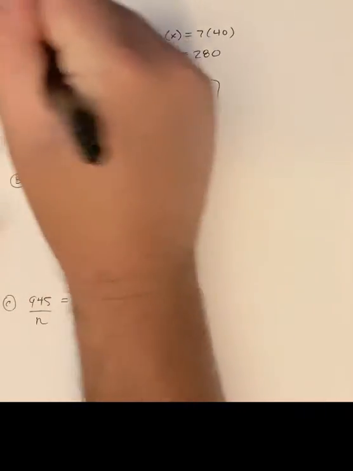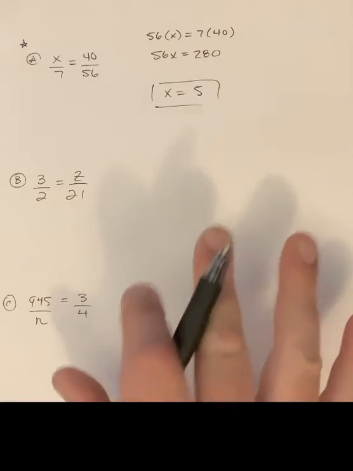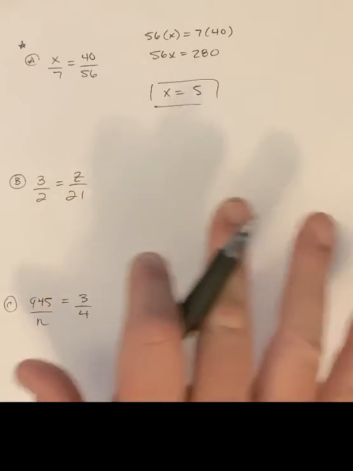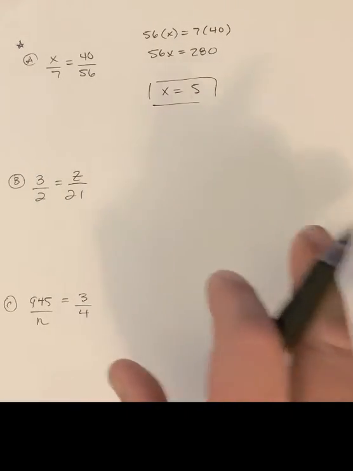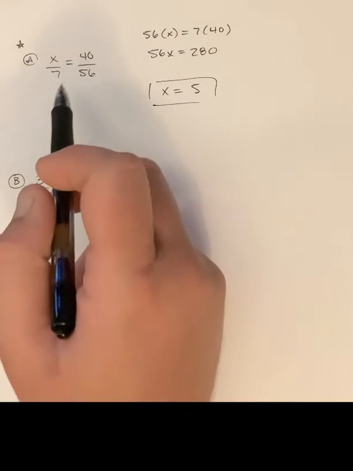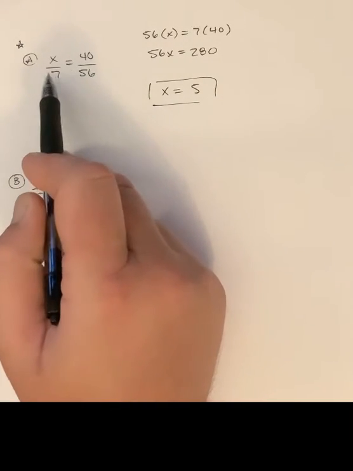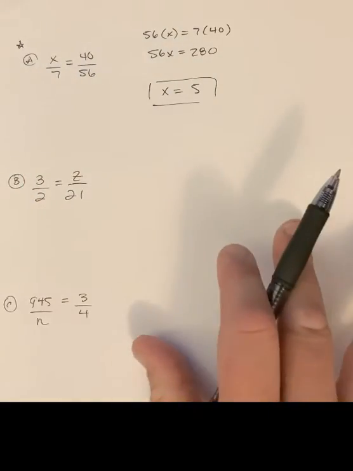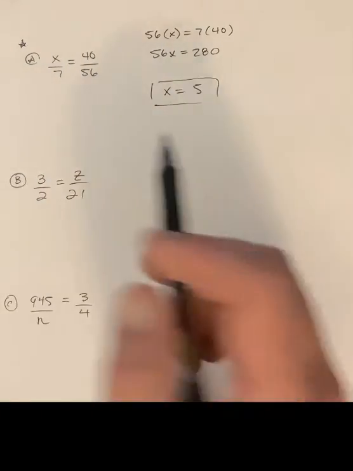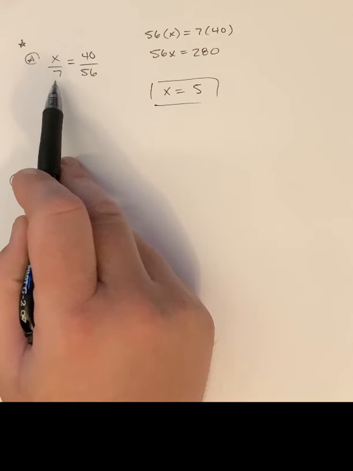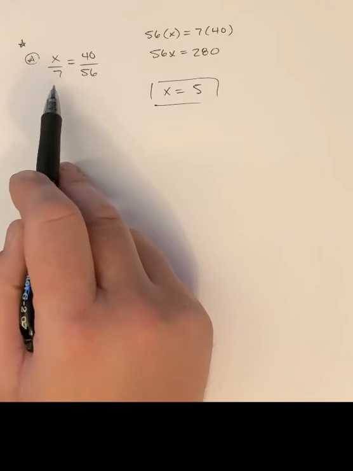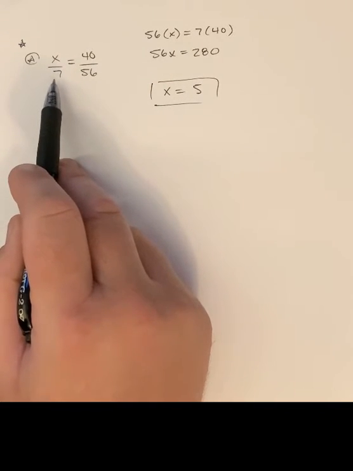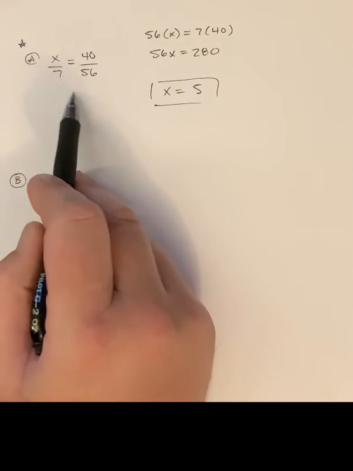Sometimes on a proportion, there's an easier way. So here's a little trick, since we know some things about equivalent fractions now. When two fractions are equal and you find a common denominator, you always multiply top and bottom by the same thing. This might seem a little weird to you, but see if you can follow me here. To turn 7 into 56, all I'd have to really do is multiply by 8.